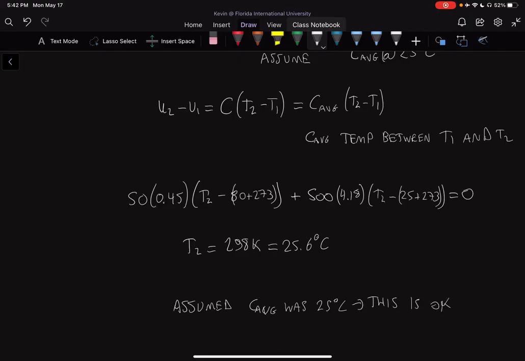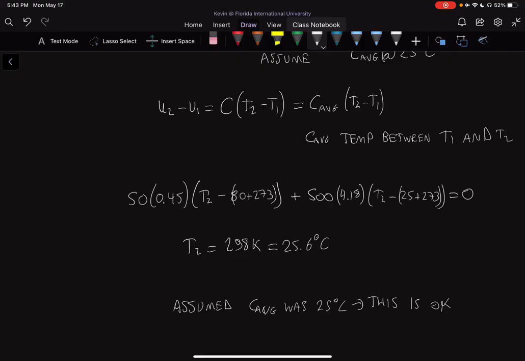Now, if you had a final temperature of water of 75 degrees, then you would have to use C of water at 50 degrees, which in this case is actually the same as 25, but you need to write C average at 50 degrees. If you wrote C average at 25 degrees and it turned out that the average temperature was 50, then you would get it wrong.